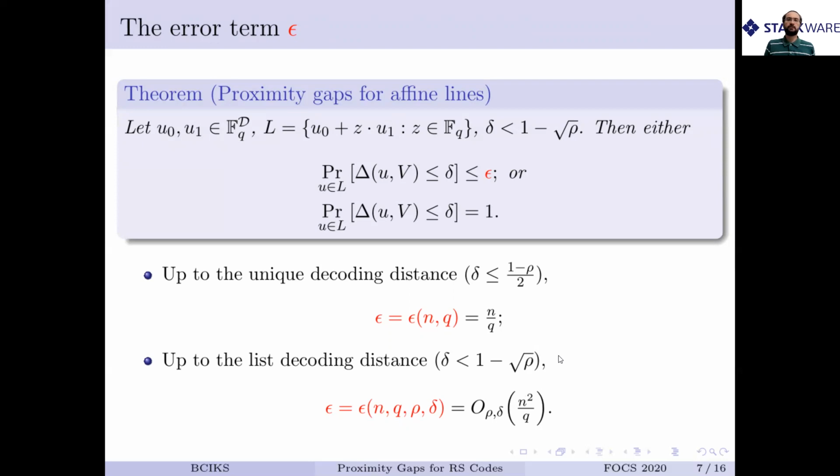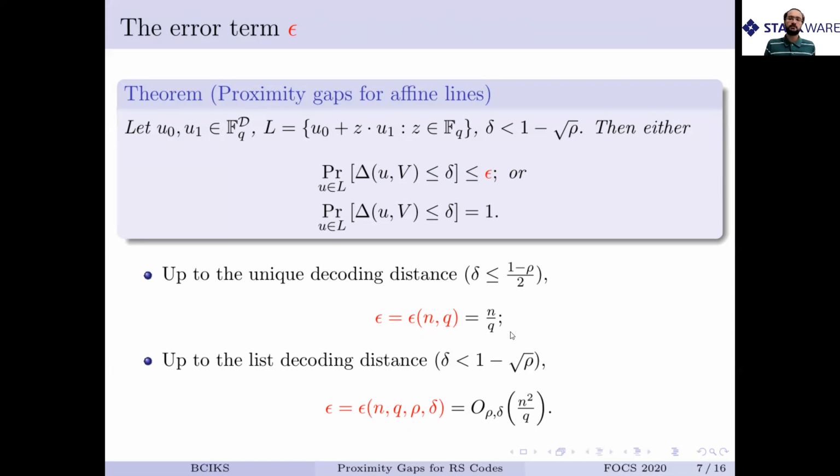Meaning that if we want this to have content, we need the field size to grow quadratically with the block size. Of course, as delta approaches 1 minus square root rho, this will have to explode, because we can't really say anything yet about this domain with delta even equal to 1 minus square root rho. So the constant here will grow to infinity as delta approaches 1 minus square root rho.